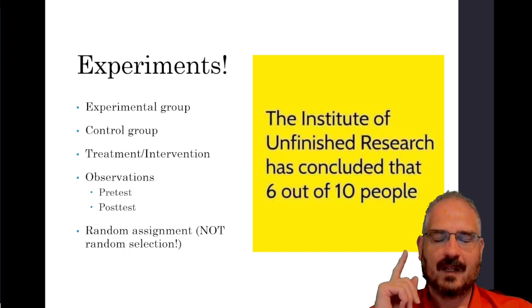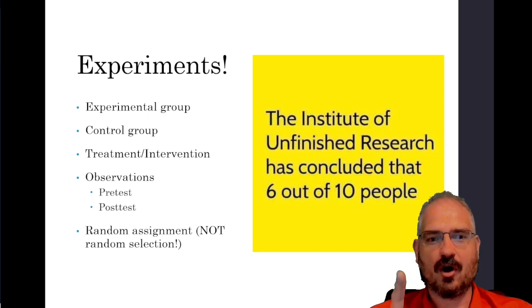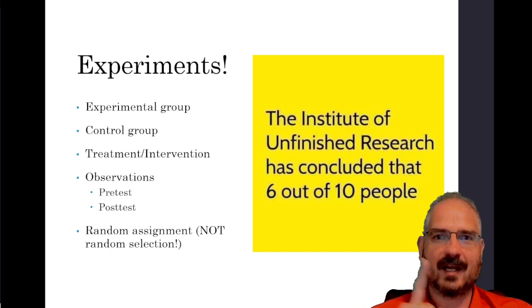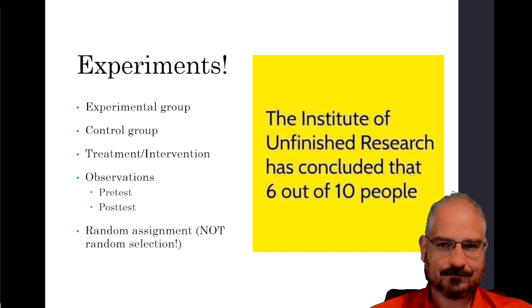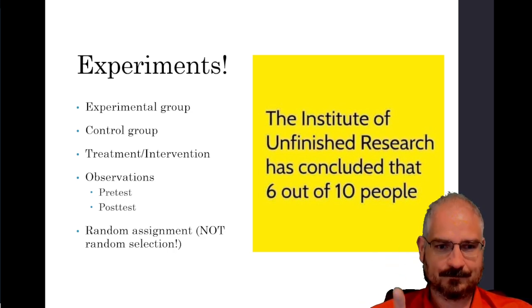Okay? A true experiment has 4 requirements. Number 1, at least 2 groups. If there's only 2, we usually call them experimental group and a control group. Okay? There can be more than 2, but there has to be at least 2.